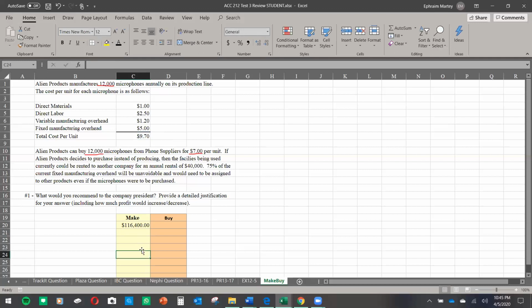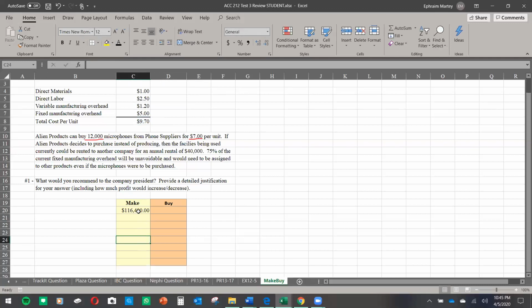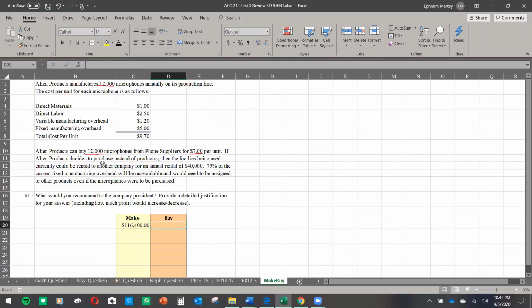If they buy it, they will buy 12,000 units at the cost of $7, so they will spend 7 multiplied by 12,000 units. That's 84,000. But that is not all.